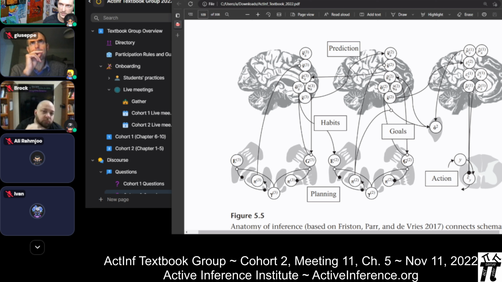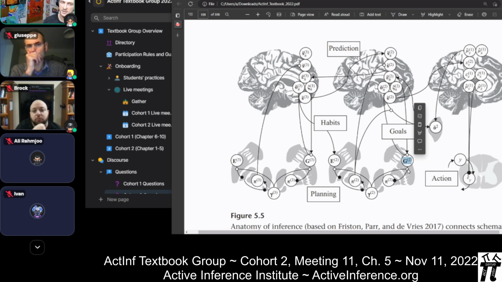The right mode is going to ideally strike a balance between pragmatic and epistemic value. Pragmatic value is bringing alignment, reducing the divergence between your preferences and observations, getting what you want, getting what you expect, and epistemic value is reducing your uncertainty, gaining information.